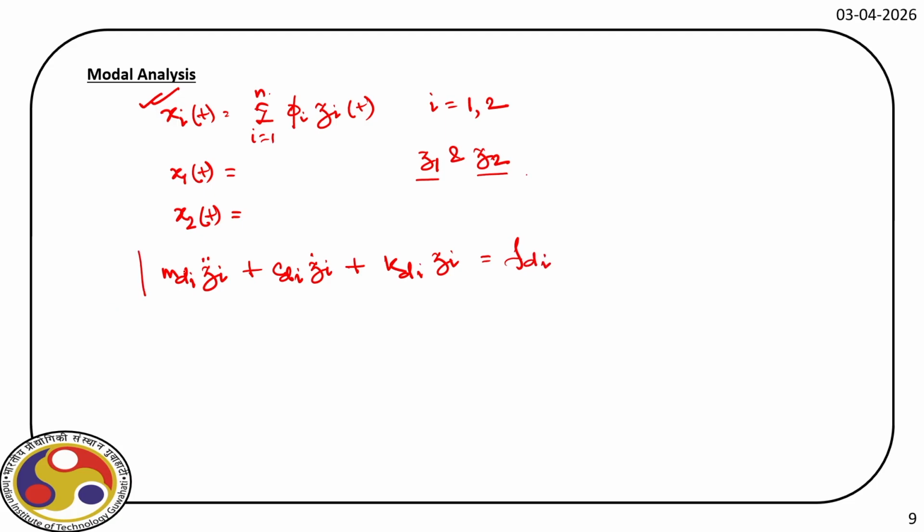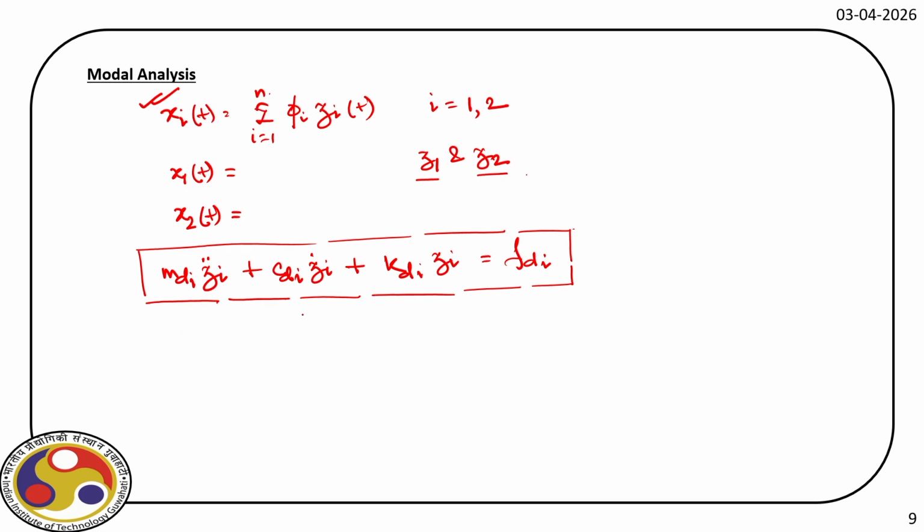Now this is again a single degree of freedom equation. We will come back to this equation when we discuss response spectrum analysis, which is very important for the design of a structure against earthquake.